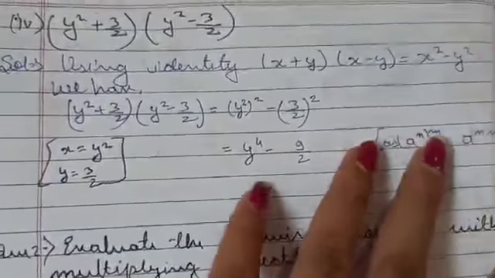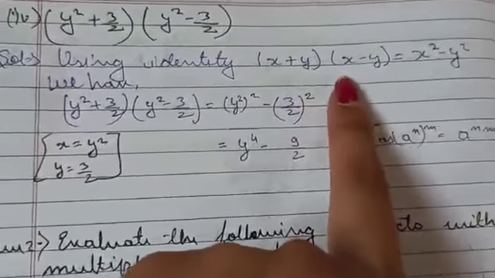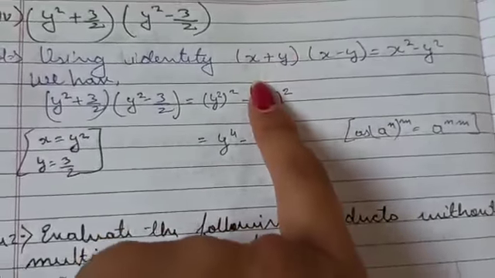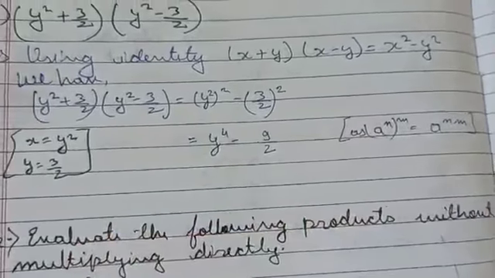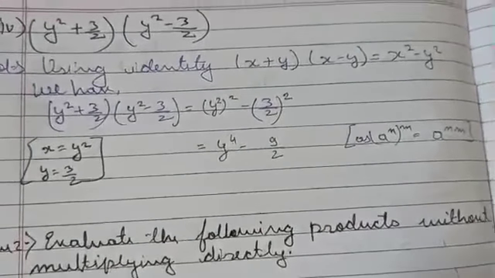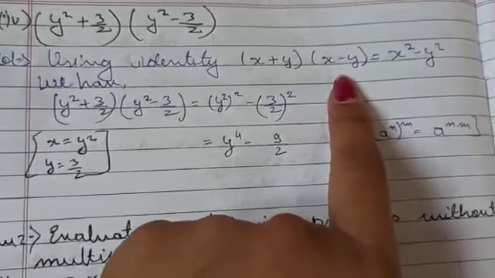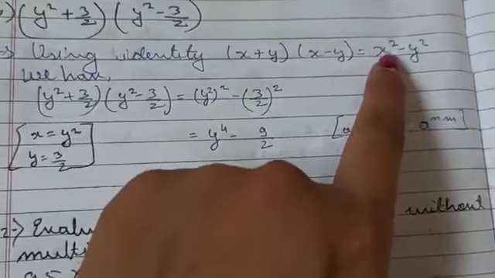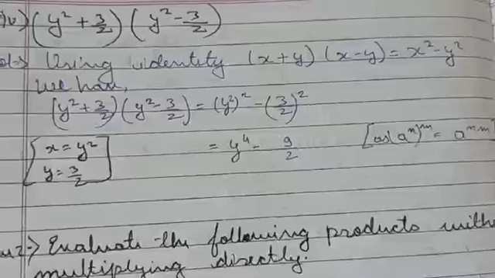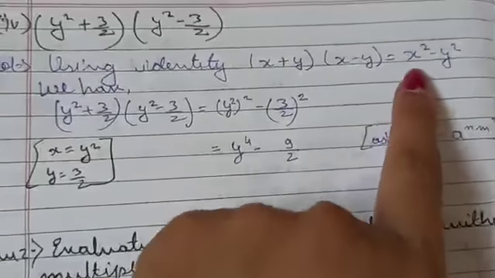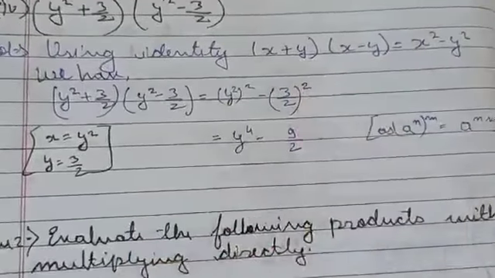Okay, so using the identity x plus y multiplied by x minus y, we can find their product. x plus y multiplied by x minus y is equal to what? x square minus y square. Okay, their product is x square minus y square, using the third identity.